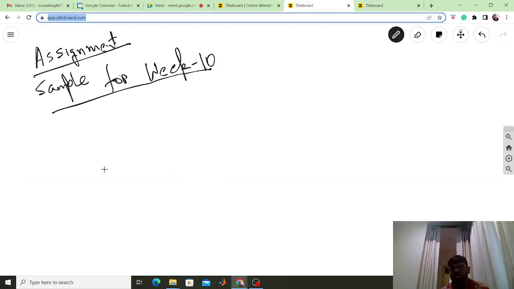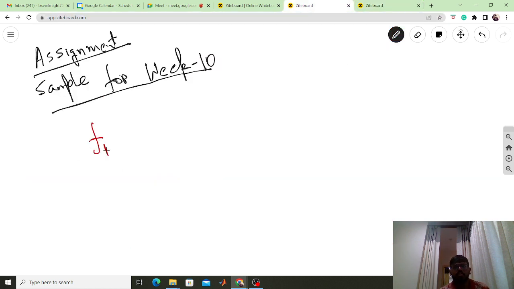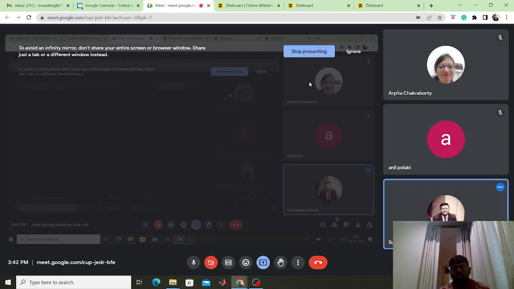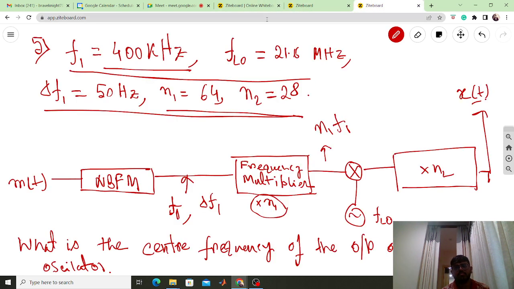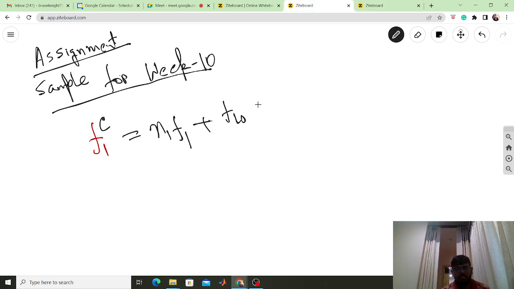So the first center frequency is n1 times f1 plus this FLO, and if you calculate that, I believe this frequency is going to come like this.